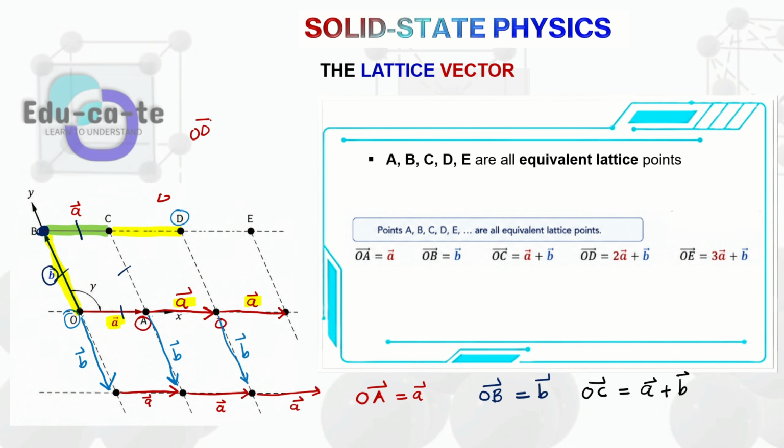Whenever I want to write the vector OD, I move from point O to point B, then from point B to point C, and then from point C to point D. And I can see that the vector that I encounter when I move from point O to point B is going to be small letter B vector. And when I move from point B to point C, I'm going to encounter small letter A vector.